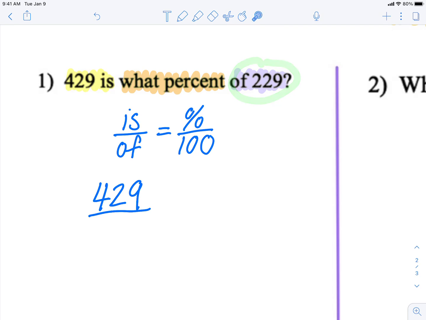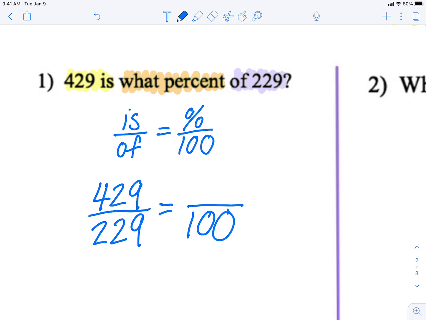Of 229. 229 equals, remember, the 100 is always there. It says what percent? We don't know. So what letter do we usually use when we don't know something? We use x. x is our variable, our unknown.